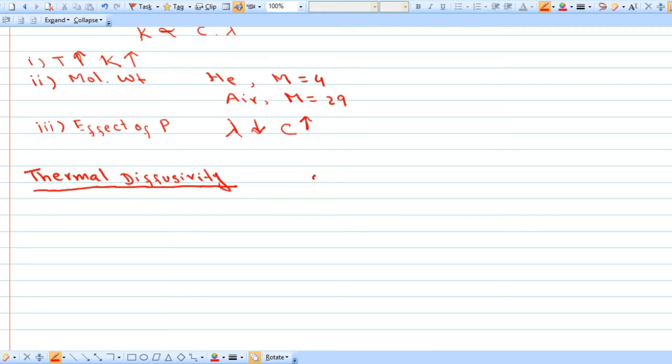Therefore diffusivity alpha is heat conducted divided by heat stored. Heat conducted by the body is normally defined by its thermal conductivity.